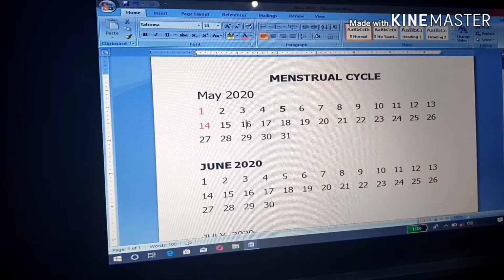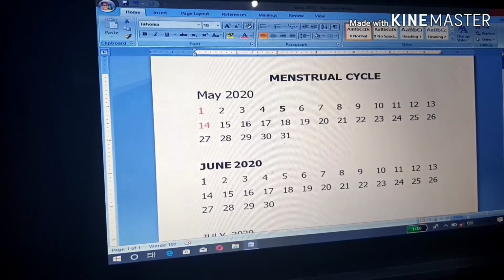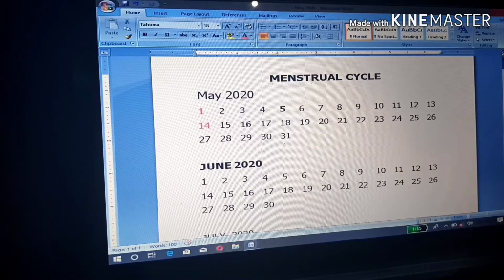That is, remember, if you are a 28-day cycle individual. Among those whose cycle is above 35, that means you have a long cycle. So all you need to know, the trick there, is that even if it's a long cycle or a short cycle, the truth remains that it only takes 14 to 15 days for menstruation to occur after one's ovulation.